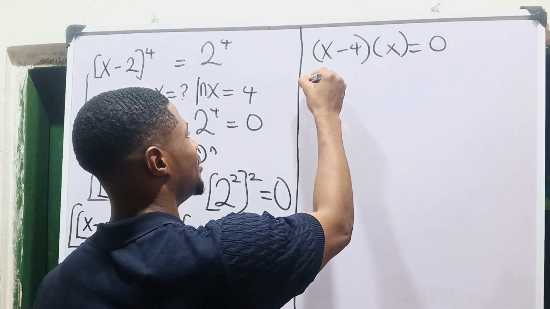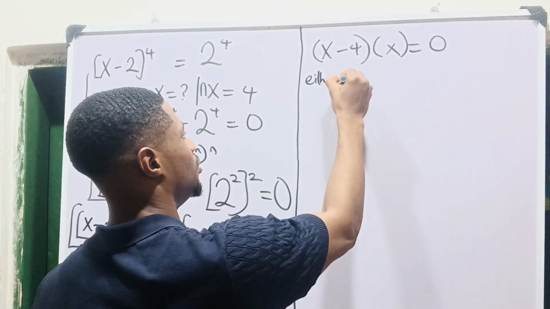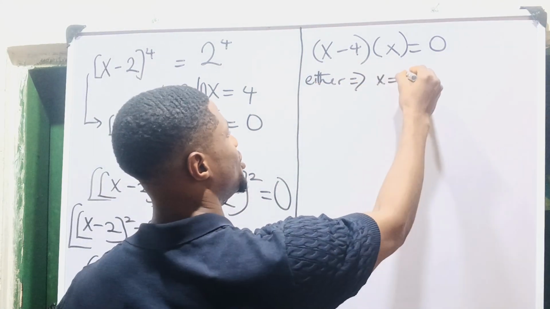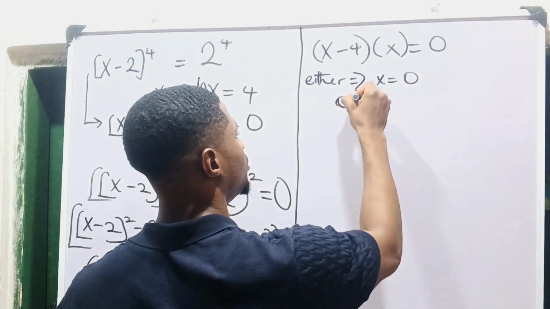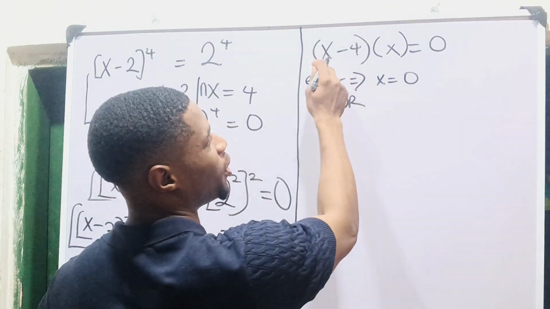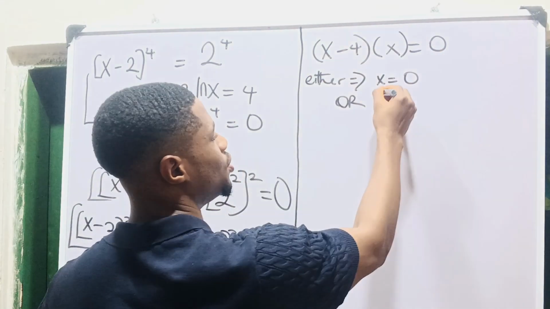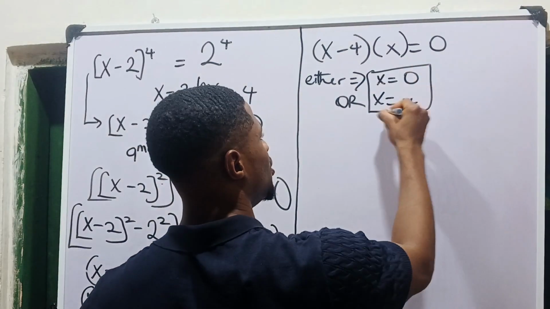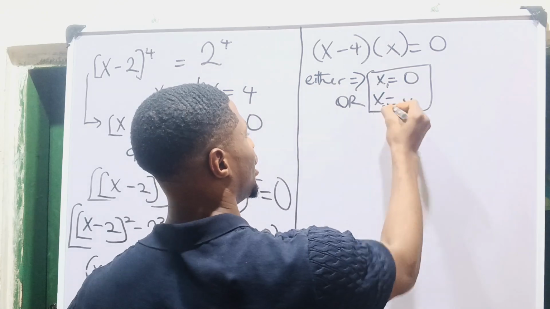So either x is equal to 0 or x - 4 is equal to 0, meaning that x is equal to 4. So these are the first two answers for x, x1 and x2.